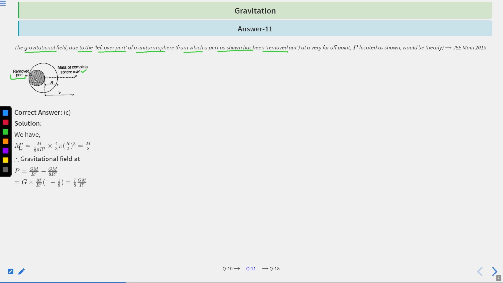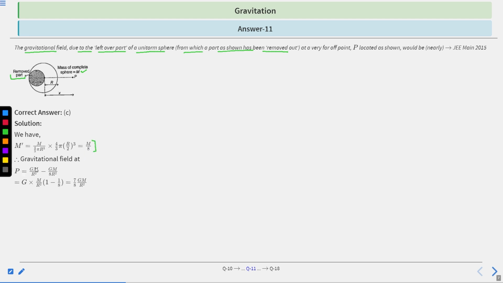So M prime is equal to M divided by 4 by 3 pi R cube, multiplied by 4 by 3 pi (R by 2) whole cube, which is equal to M by 8 after solving.